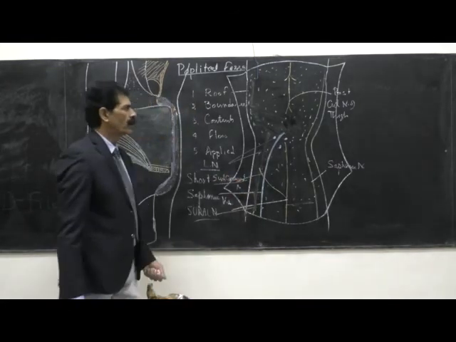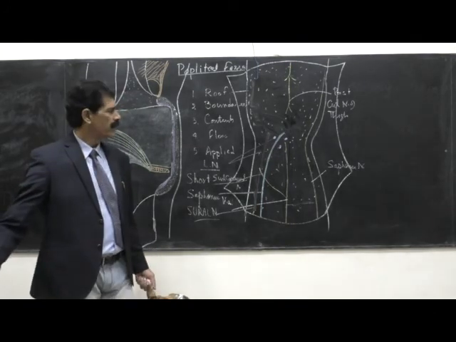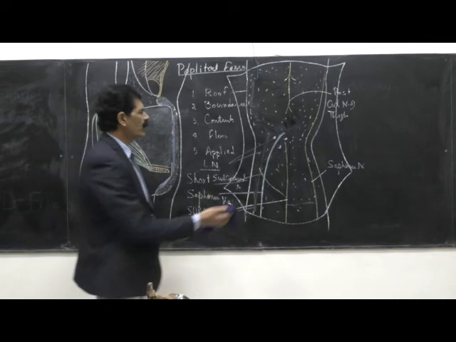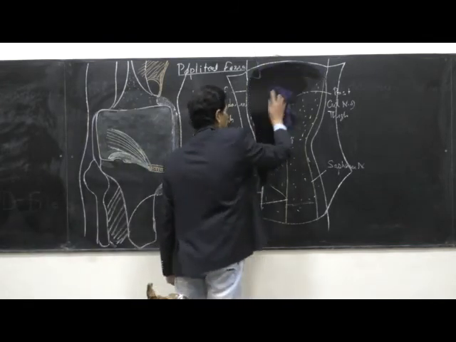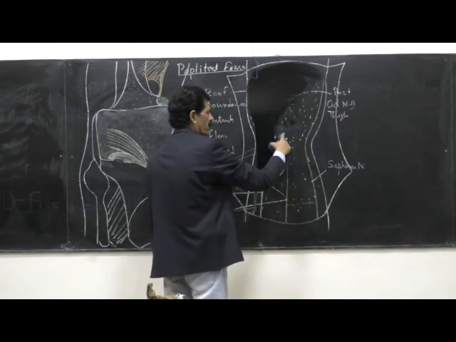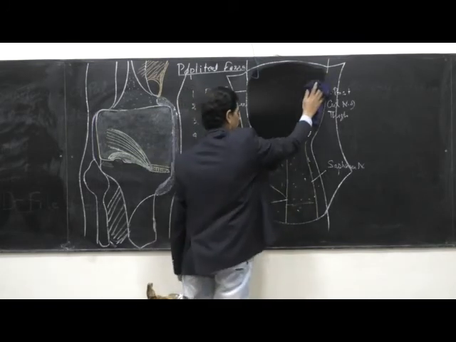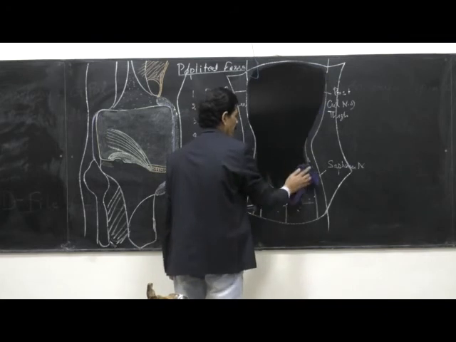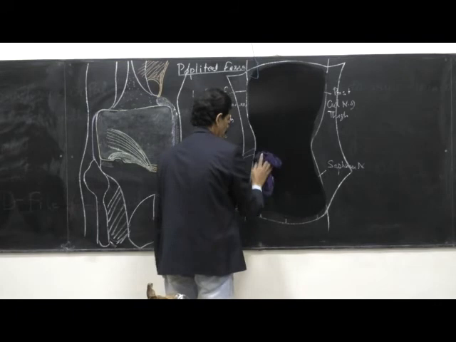So this much you have to explore in the roof of the posterior triangle. And when we remove all these structures, here the short saphenous vein dips into the deep fascia, it pierces the deep fascia and opens into the popliteal vein, which lies deep to the deep fascia.